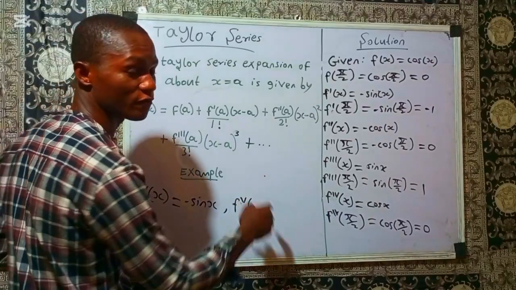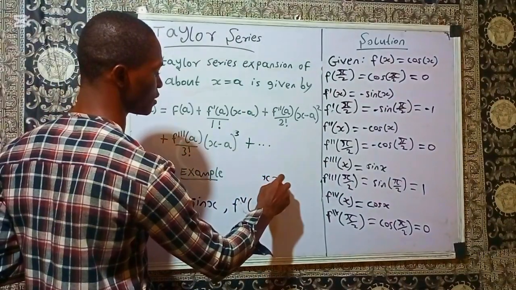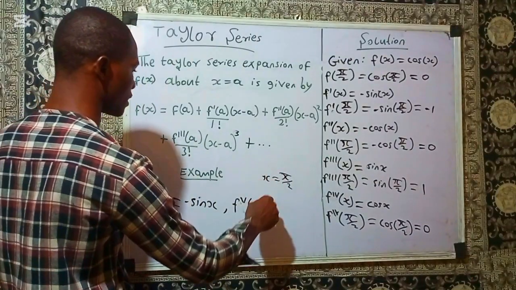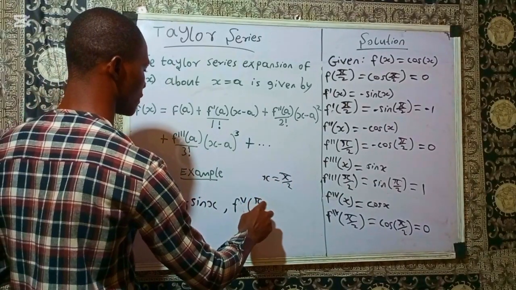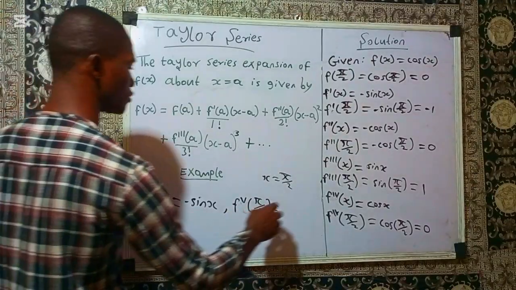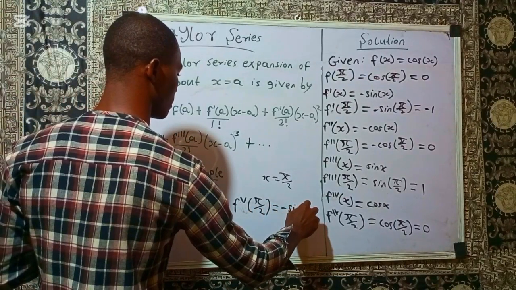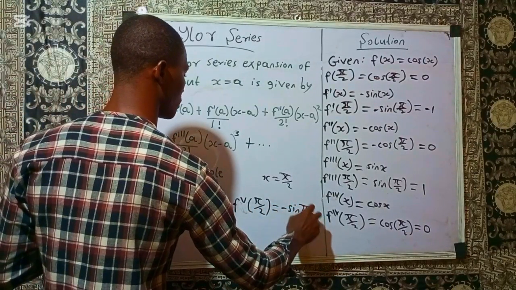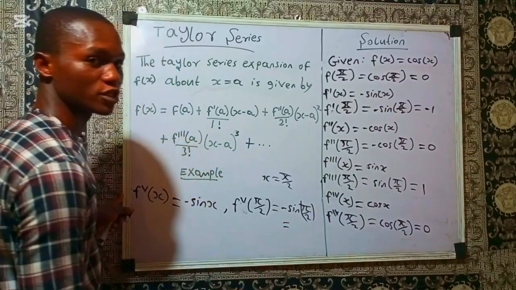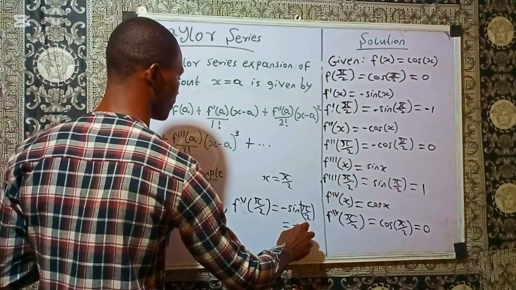Our a is pi over 2, right? They say about x equals pi over 2. Remember, that's our a. So we are going to put pi over 2 here. So I have negative sine pi over 2. Sine pi over 2 is sine 90, and sine 90 will give you 1. And have negative here, we have negative 1.